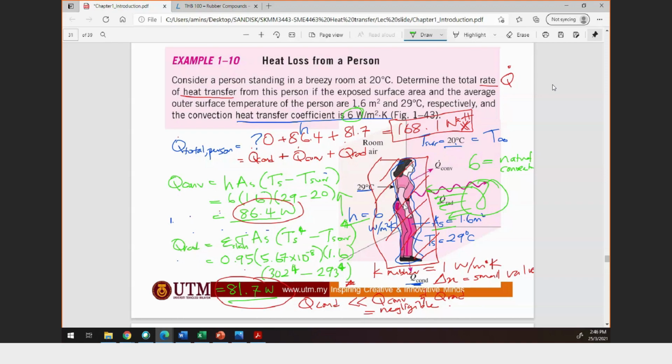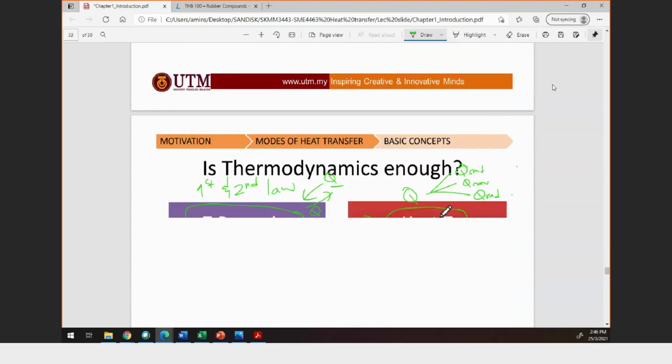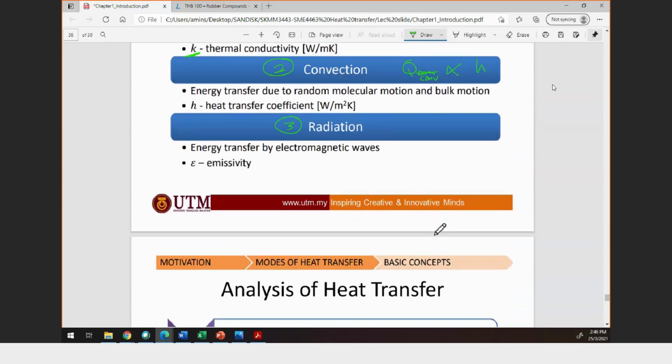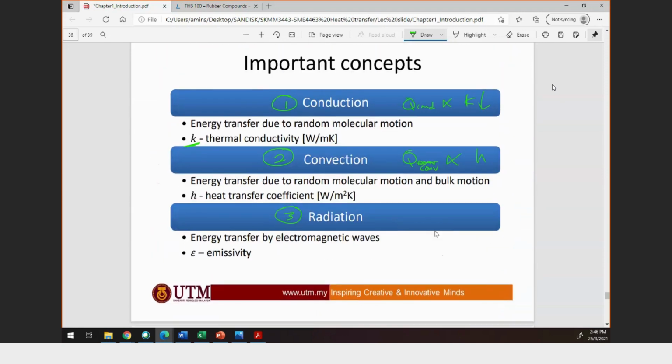So actually you are increasing the h value by having the blowing effect. If you go higher, it is more related to forced convection, but if you go lower, it is related to free convection or natural convection. So that is the difference between forced convection and free convection.